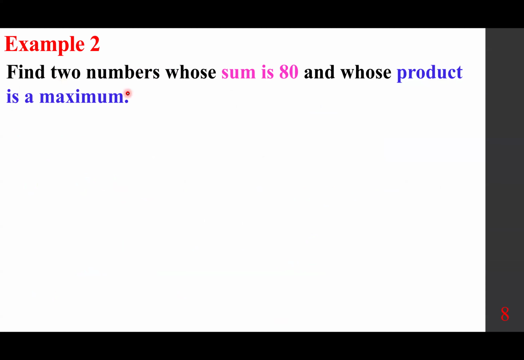Example 2: find two numbers whose sum is 80 and whose product is a maximum. We should always define the variables. Let them be x and y, or any variable of your choice.